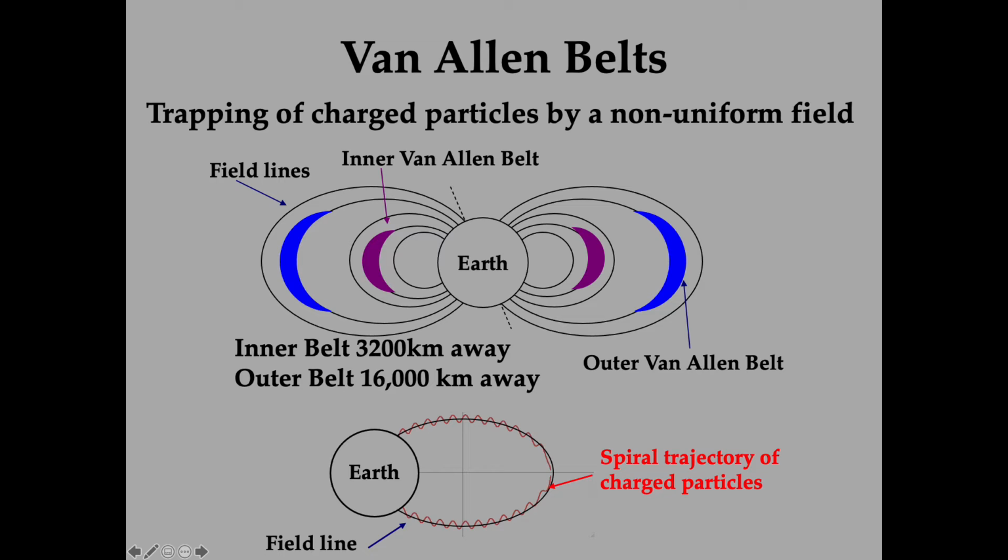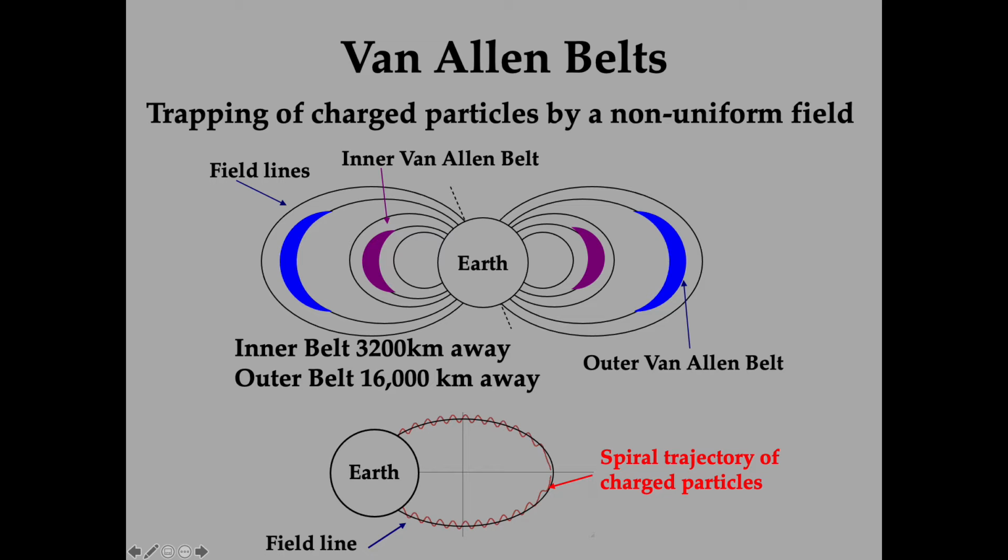It contains high energy protons, above 50 MeV, mega electron volts, and some electrons around 100,000 electron volts. That purplish region you see consists of protons and some electrons.